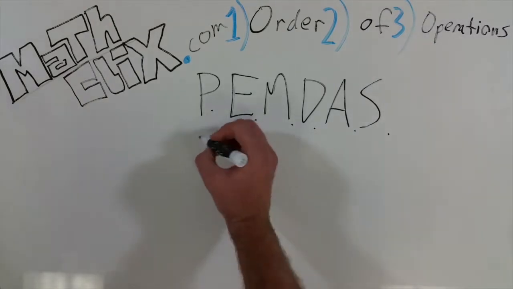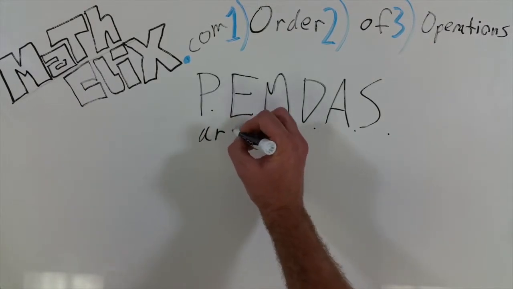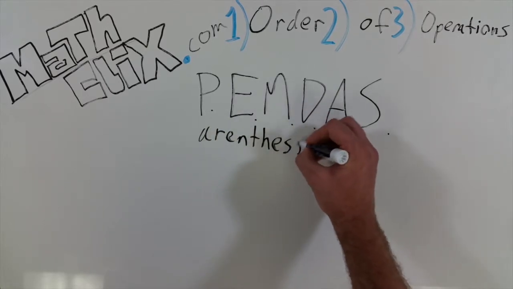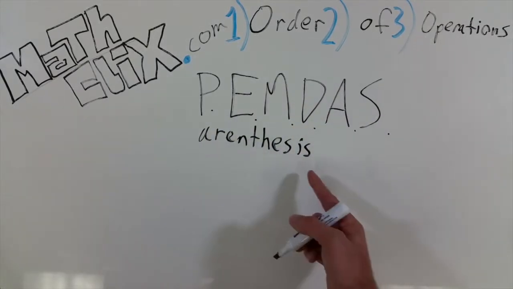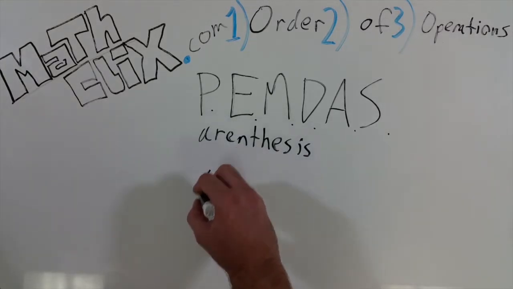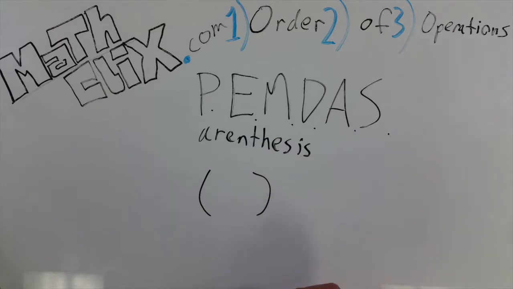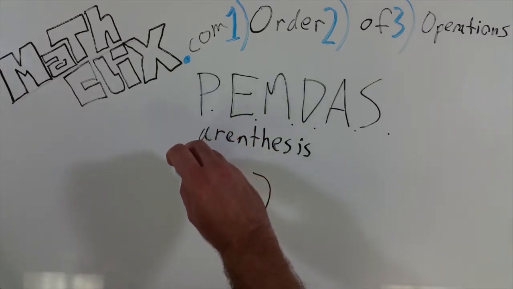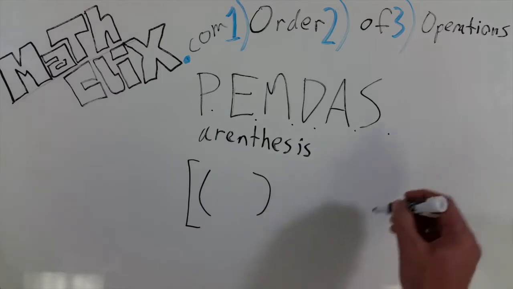The P stands for parentheses. Parentheses can look like this, but not always. When we combine multiple ones, we would call these brackets.